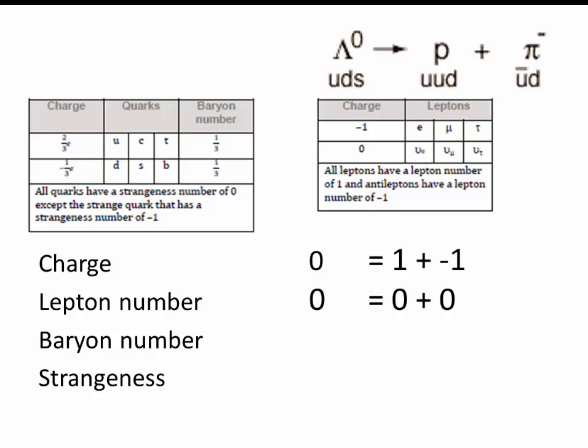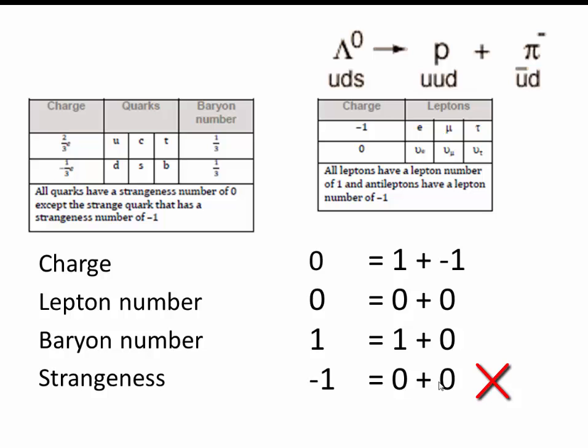Baryon number, this is a baryon number of 1, this has a baryon number of 1, and this is a baryon number of 0, so that works. Strangeness, well, we start off with a strange particle here, but there are no strange particles there, so that's going to be 1, and negative 1, and it goes to 0. So strangeness is not conserved.